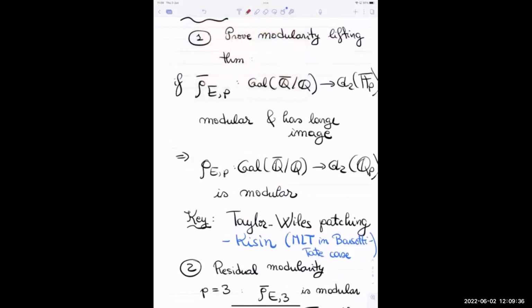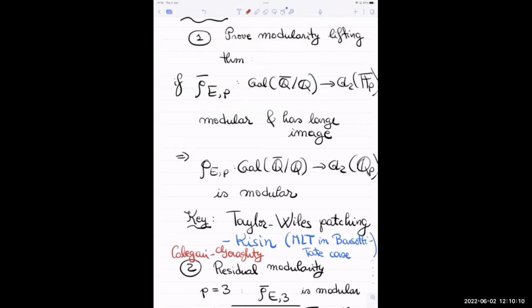So the key thing in proving modularity lifting theorems, I'll write in red the differences in the imaginary quadratic case, is that you also want to use the techniques and ideas introduced by Calegari and Geraghty. Roughly the idea is that when you work beyond the setting of Shimura varieties, when you have locally symmetric spaces that don't have an algebraic structure, you have to consider the torsion in their cohomology.